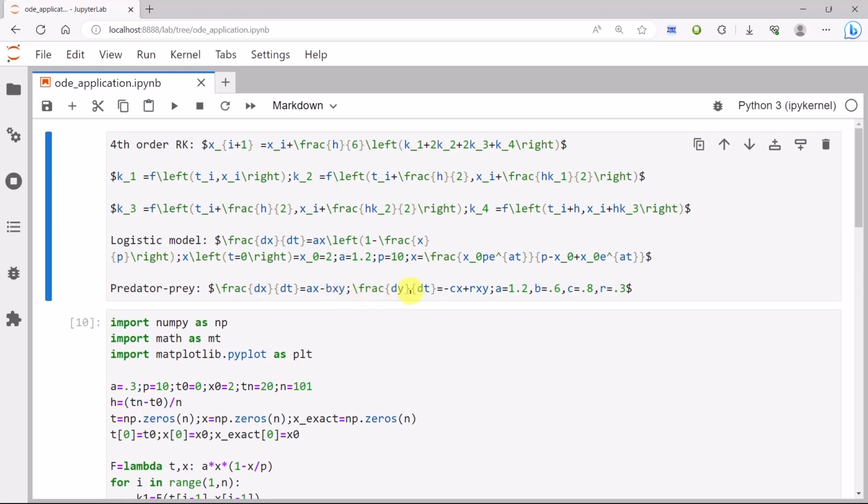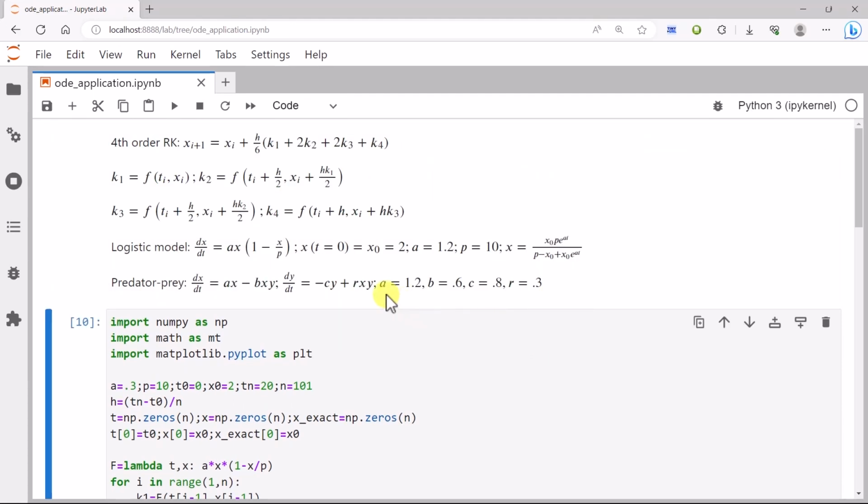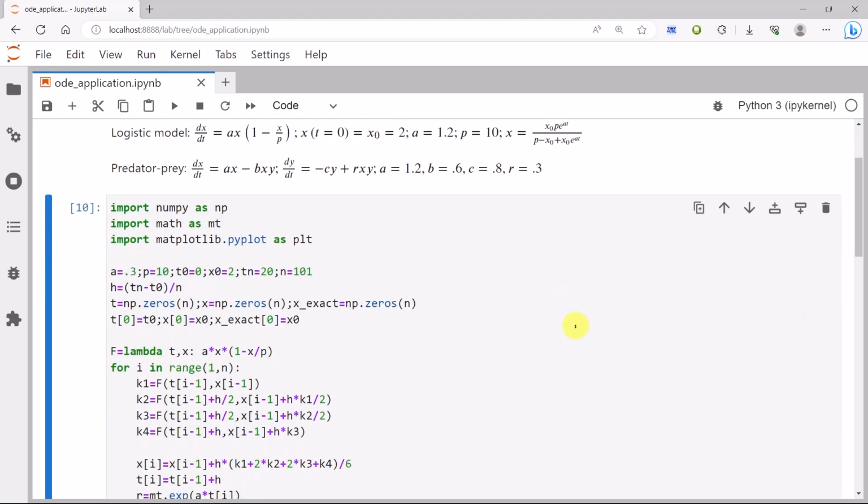Sorry, it would be minus cy plus rxy. And these values of the constants are somewhat arbitrary. A was 1.2 that you are taking, so I have taken 1.2, and B, C, R I have taken from your textbook. There is an example there. They are reasonable values. So now let us see what we can do.